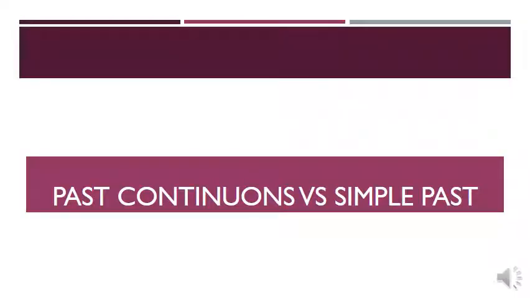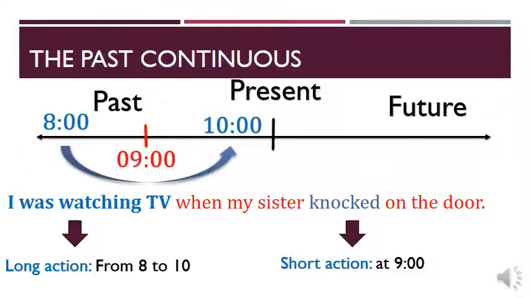Now, let's learn past continuous versus simple past. Look at the timeline. We said before that the past continuous is an action that happened at a particular time in the past. Look at the example. I was watching TV when my sister knocked on the door.